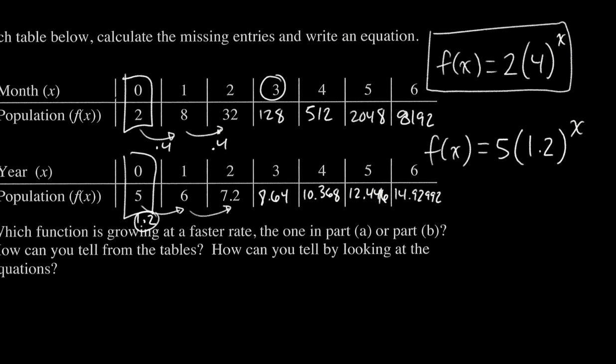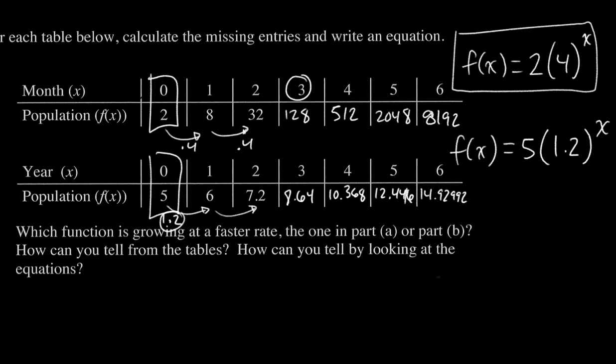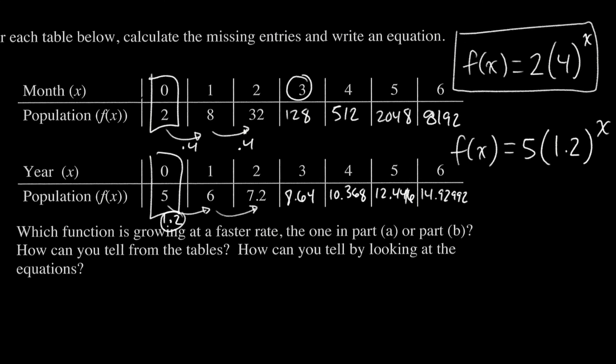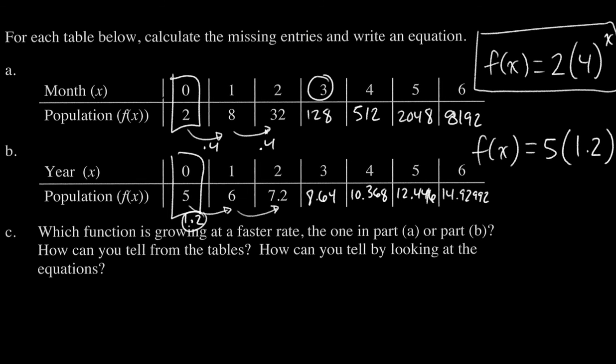All right. So then it says, which function is growing at a faster rate? The one in A or the one in B. How can you tell from the tables? How can you tell from looking at the equations? Well, by looking at the tables, I can just see 2 becomes 8, 8 becomes 32.